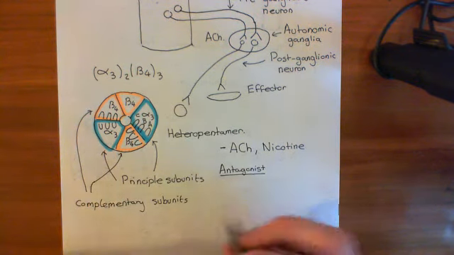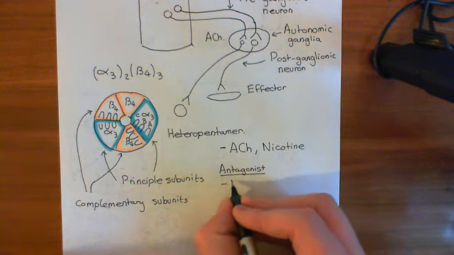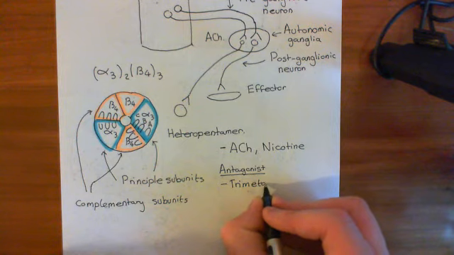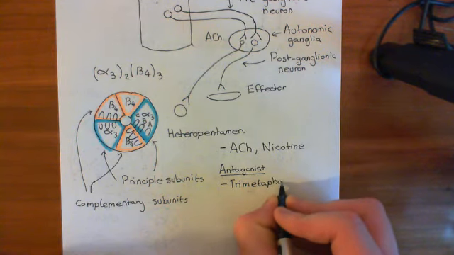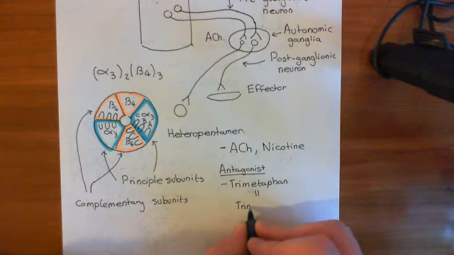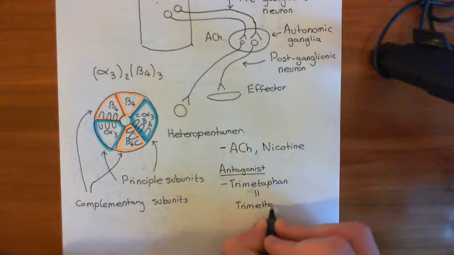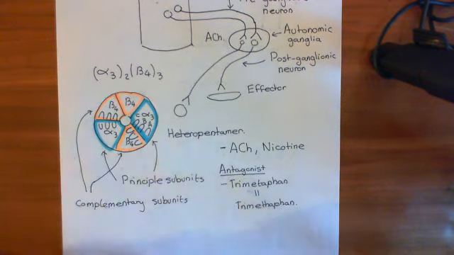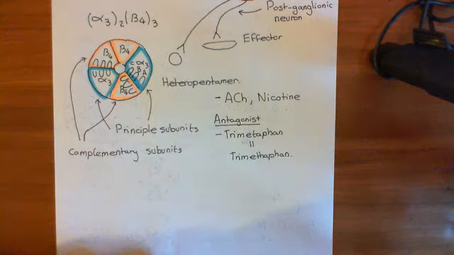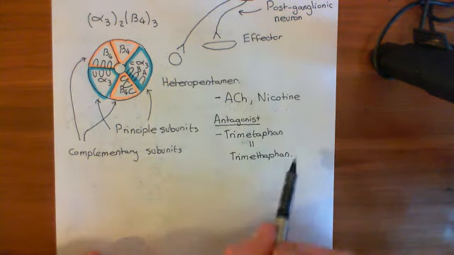This is the drug trimetaphan, also known as trimethaphan. So I'll write those two names, trimetaphan, or you might also hear this referred to as trimethaphan. So it's like indomethacin and indometacin. They're both names for the same drug, basically.